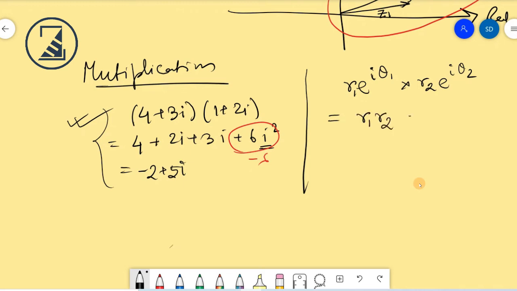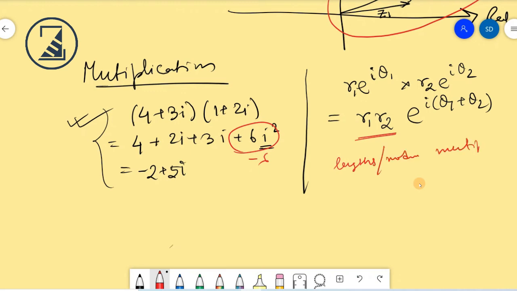Actually, it will be r1 r2 e to the power i (theta 1 plus theta 2). So while doing complex multiplication, the lengths or the moduli multiply and the angles add up.